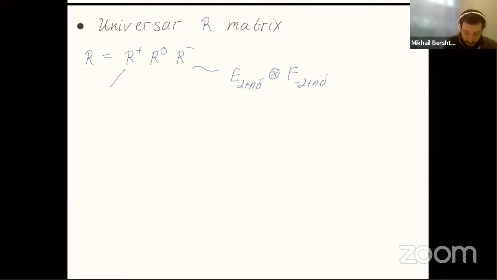And in this part we have terms like E minus alpha plus N delta times F alpha minus N delta. And here I assume that alpha is a positive root. And the R0 part corresponds to the loop Cartan part of the U_q of G hat.